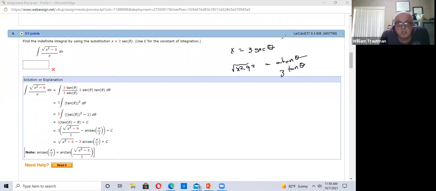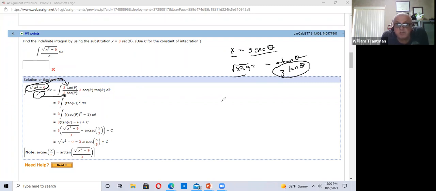So we're changing this part to 3 tangent theta, and we're changing the x to 3 secant theta.